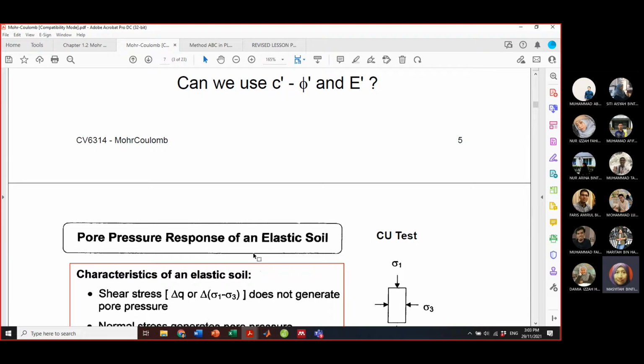Kemudian kalau dia undrained condition, nilai strength dan juga nilai stiffness, is it in the total stress ataupun in the effective stress? So kalau dia total stress of the strength, dia akan jatuh dalam kategori ataupun method B. Kalau dia adalah effective stress or effective strength parameters, dia akan drop dalam kategori A.